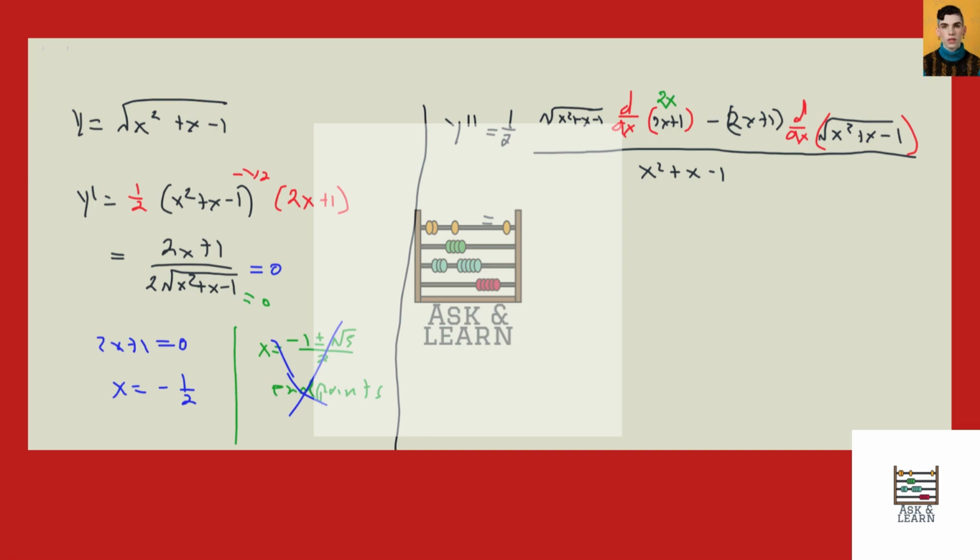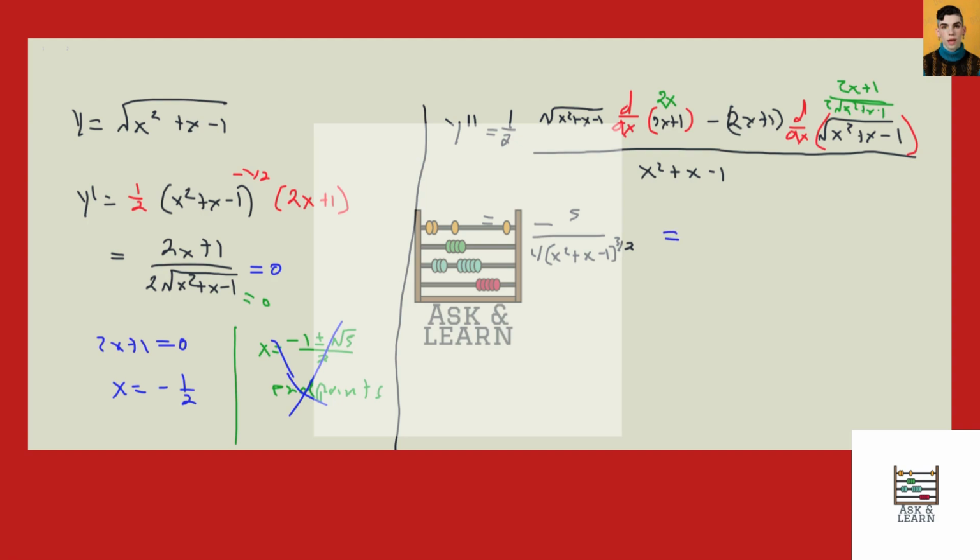And we already found that the derivative of the square root of x squared plus x minus 1 is going to be 2x plus 1 over 2 times the square root of x squared plus x minus 1, since that's just the first derivative. Now if we simplify all this algebra, we're going to be left with -5 over 4 times (x squared plus x minus 1) to the 3/2 power.